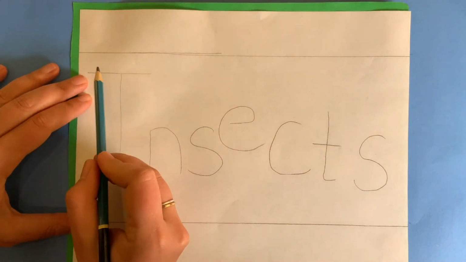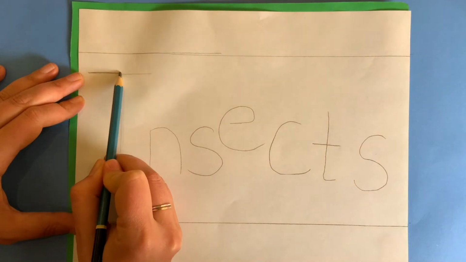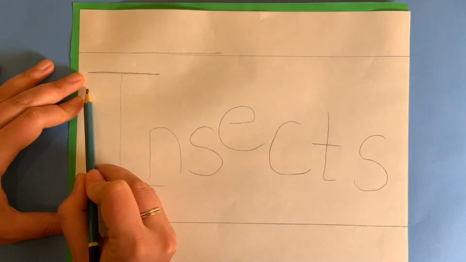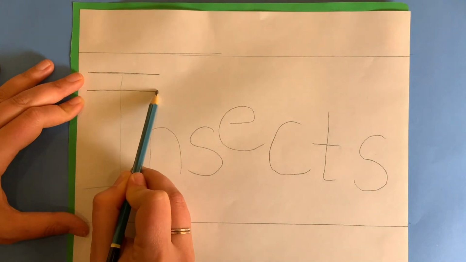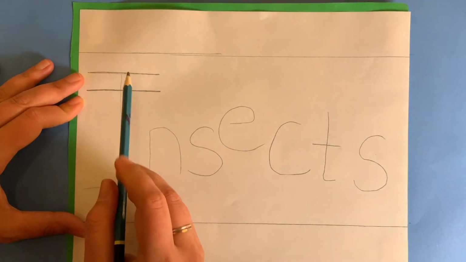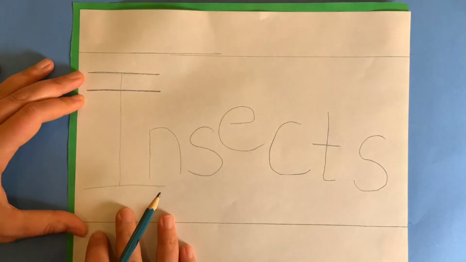Good. So draw along the top of your I, and let's draw a line that is the same length below that I.